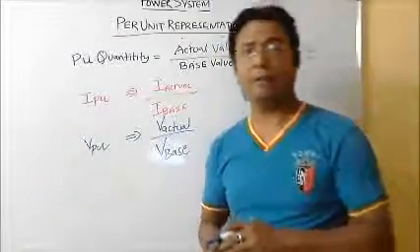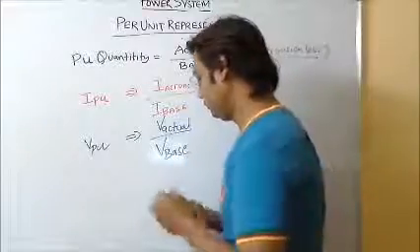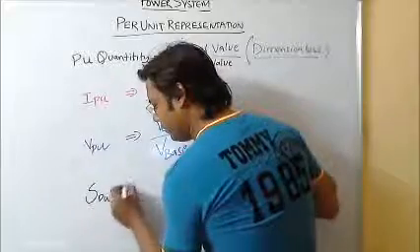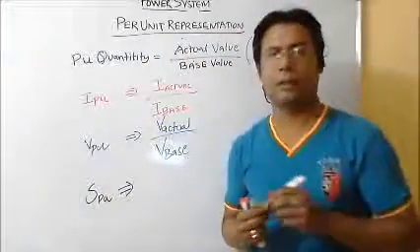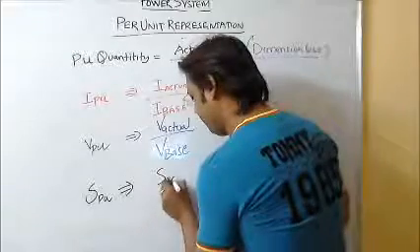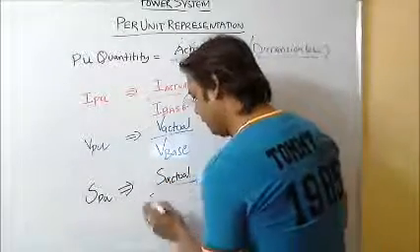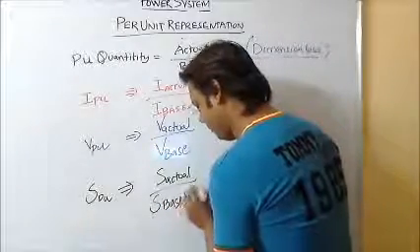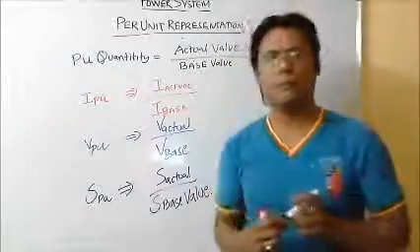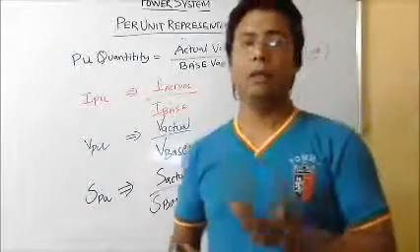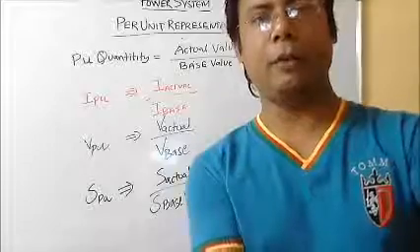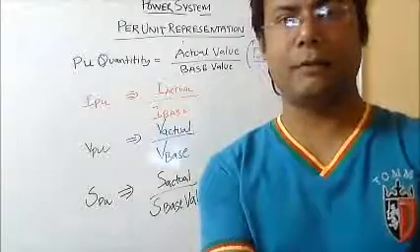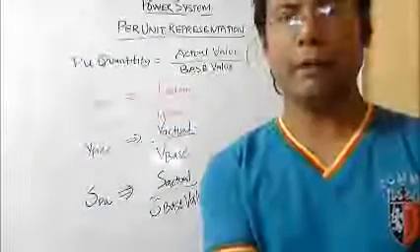In the same way, we can have the kVA rating also, which is normally denoted by S. So I can have S actual value divided by S base value. All these things, the current, the voltage, the kVA ratings, are dimensionless when they are in per unit values.